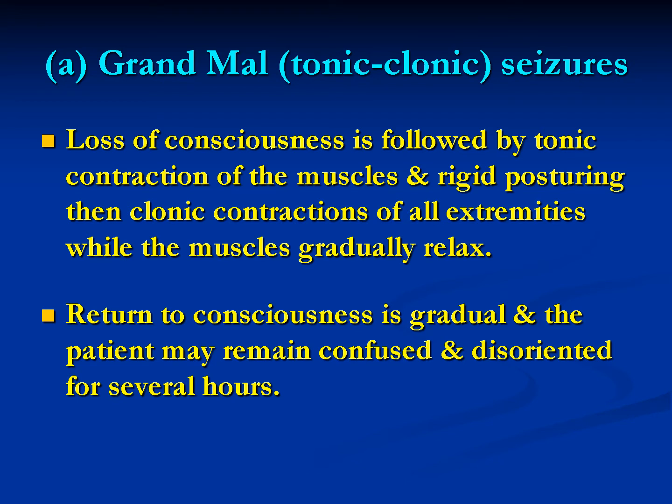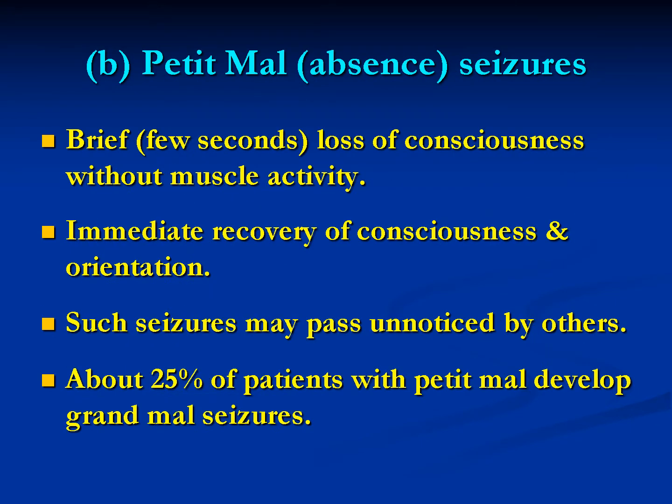Return to consciousness is gradual, and the patient may remain confused and disoriented for several hours. In petit mal there is immediate recovery of consciousness and orientation, and such a seizure may pass unnoticed by others. About 25% of patients with petit mal develop grand mal seizures.